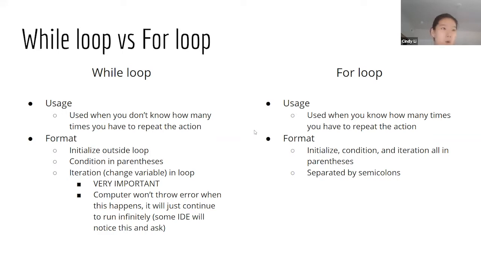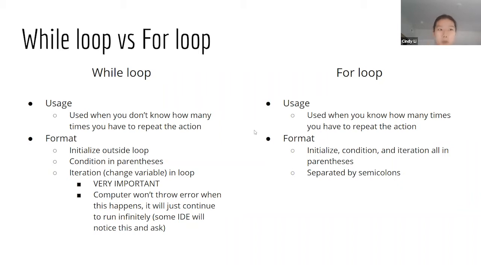Now, if I know how long the list is and I want to maybe add something to each item on the list, I use a for loop because I know how long the list is. Let's say the list is 10 items long, so I can just set i less than or equal to 10 because I know how long the list is.